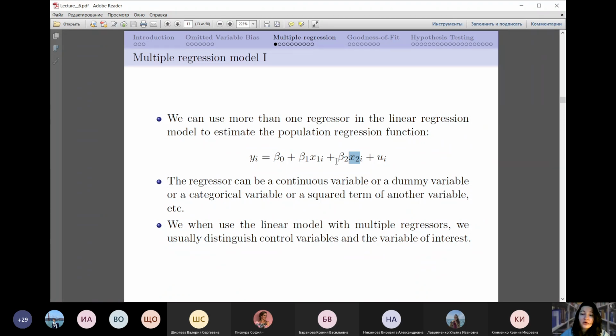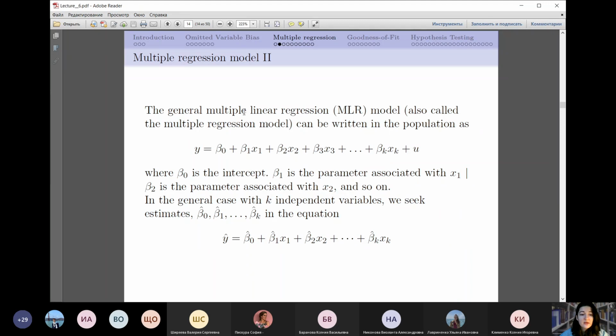But we want to control for gender, and we want to control for age, or some other factors, for example, for health or for marital status and so on. But our main interest is how the educational level affects the wage level. Okay, I think that this is clear.